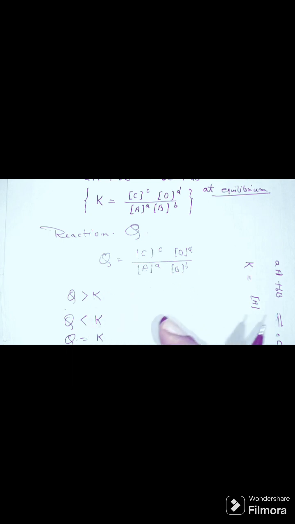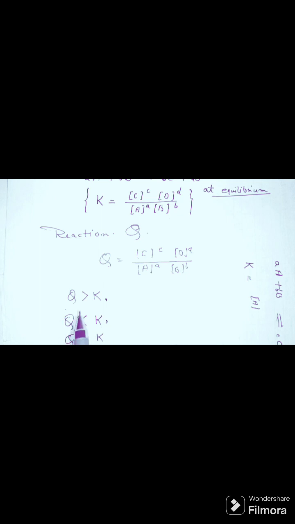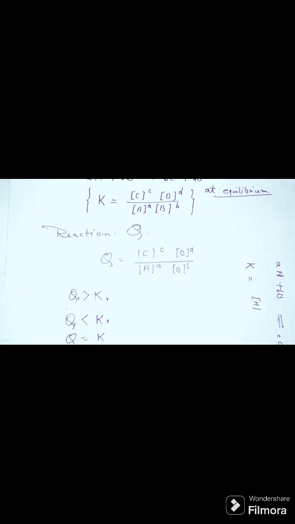But if it is not equal to K, that means the reaction is not at equilibrium. Now, if it is not equal, there are only two cases possible: Q greater than K, Q less than K. You can write Qc also for the terms of concentration, right?